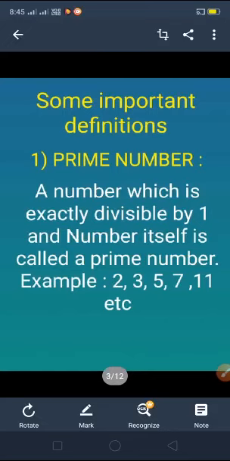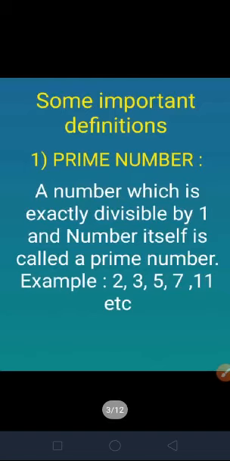For example, 2, 3, 5, 7, 11, etc. Here each and every number has only two factors, that is 1 and the number itself.